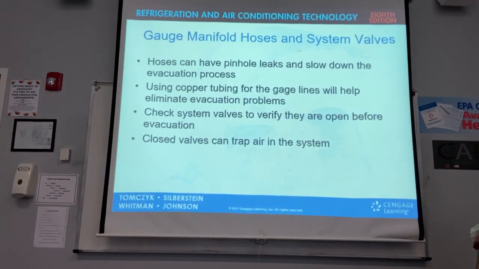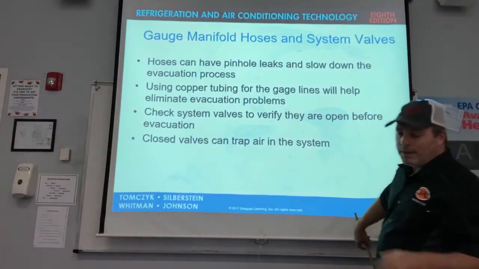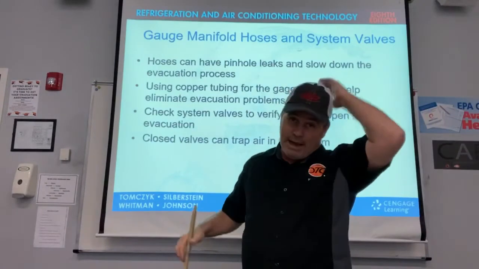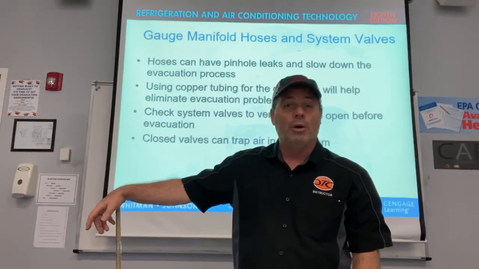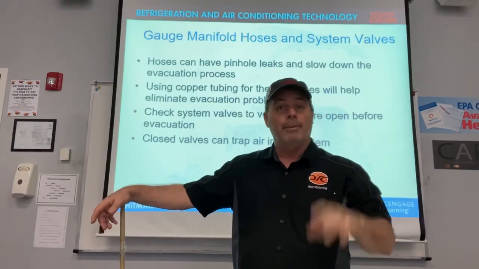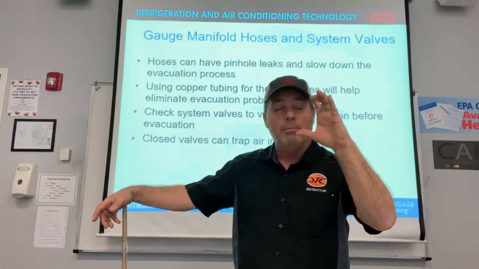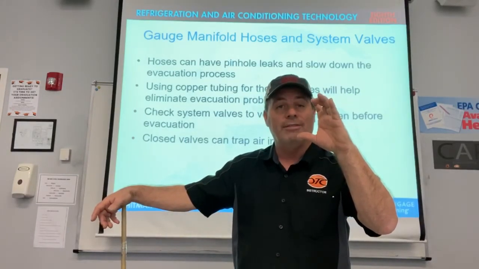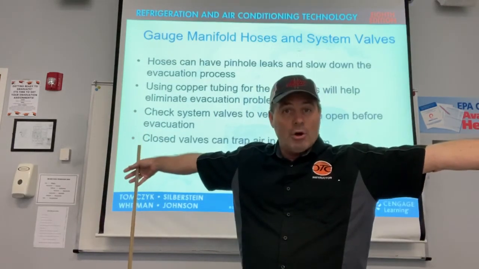Okay? Then we talk about your gauge manifolds. Now let me ask you this. What kind of hose should you have to run a vacuum? Well, a vacuum works best with a bigger hose. The bigger the diameter of the hose, the more vacuum and the quicker vacuum you can run. Of course, with a long hose, it would take a longer time.